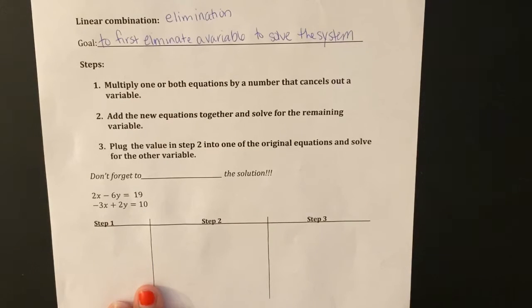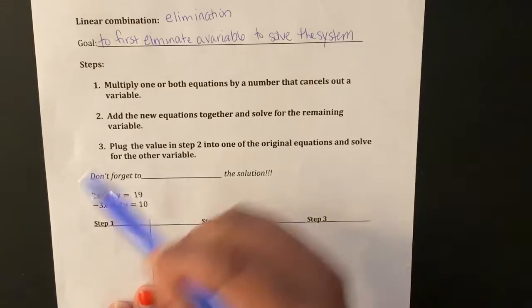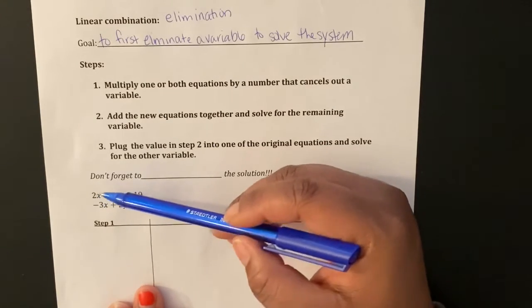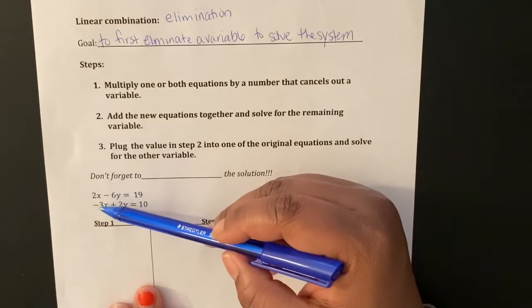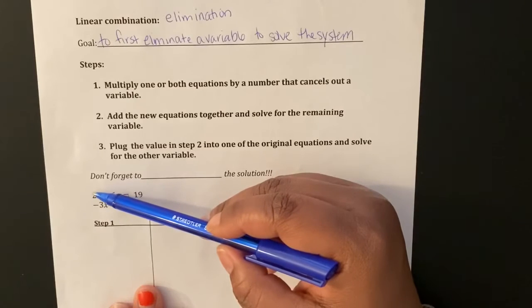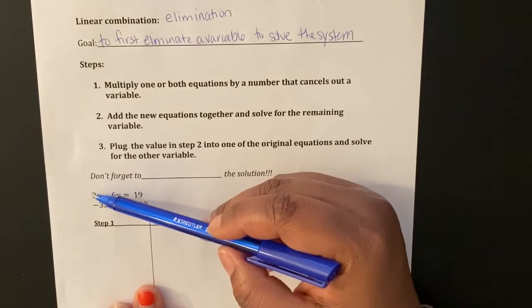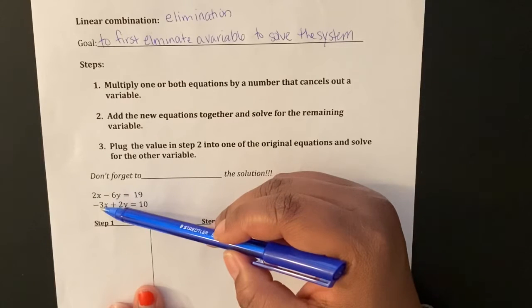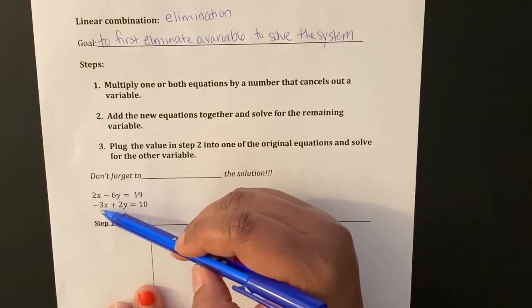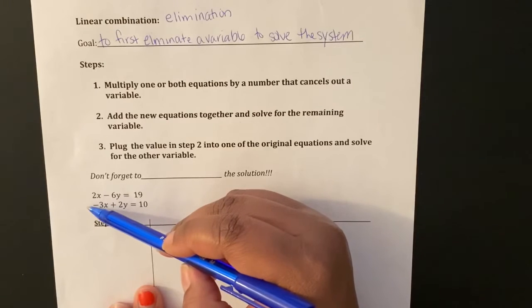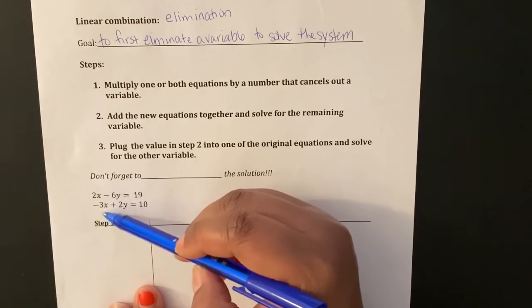Now, how do you choose which variable to eliminate? If I look at the x's, 2 and negative 3, well, 2 and 3 are not factors of each other. 2 is not a factor of 3, 3 is not a factor of 2. So I can make 2 and 3 the same number because they have a common multiple. 2 times 3 is 6, and negative 3 times 2 is negative 6.